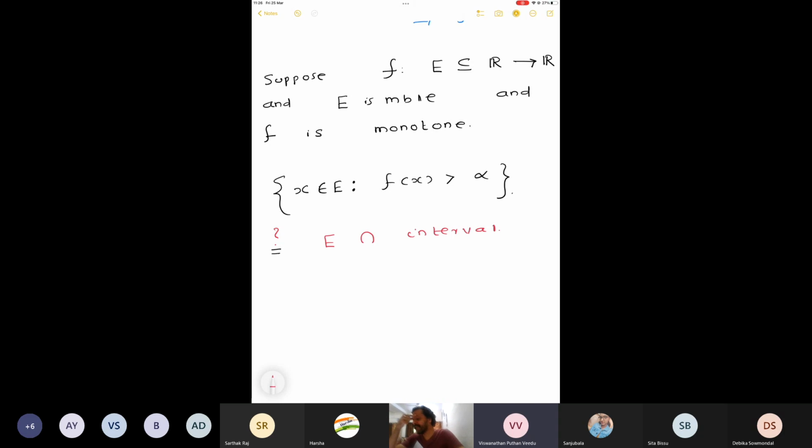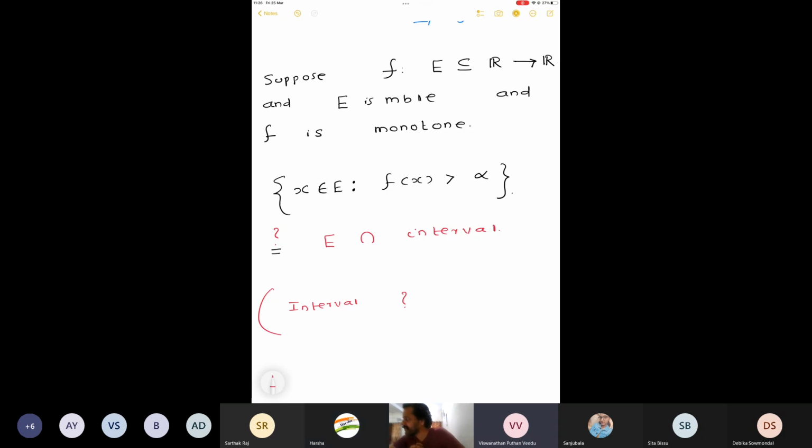Using the fact that whenever x is in E, first of all, what is the definition of interval? You might have seen that a connected set in R is an interval. So how do you define interval in R? Two points a, b in the interval, then t a plus 1 minus t b is also in it.